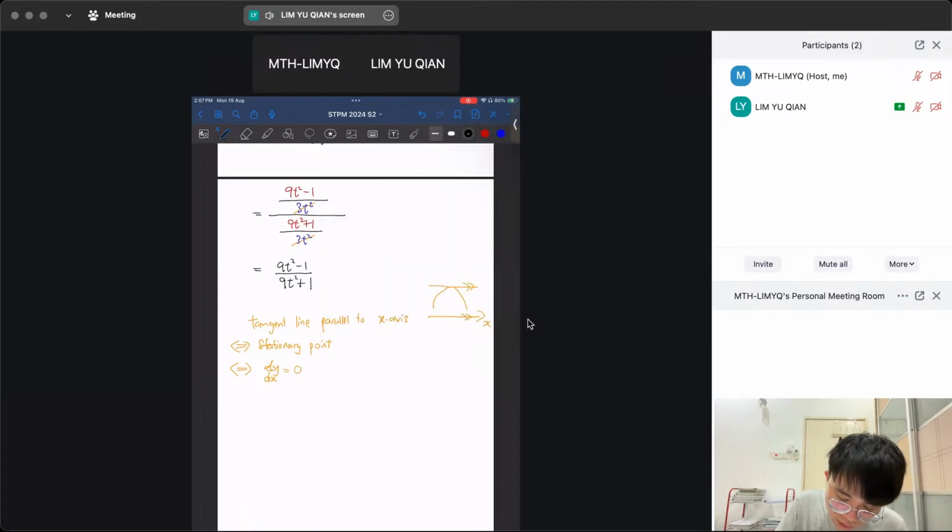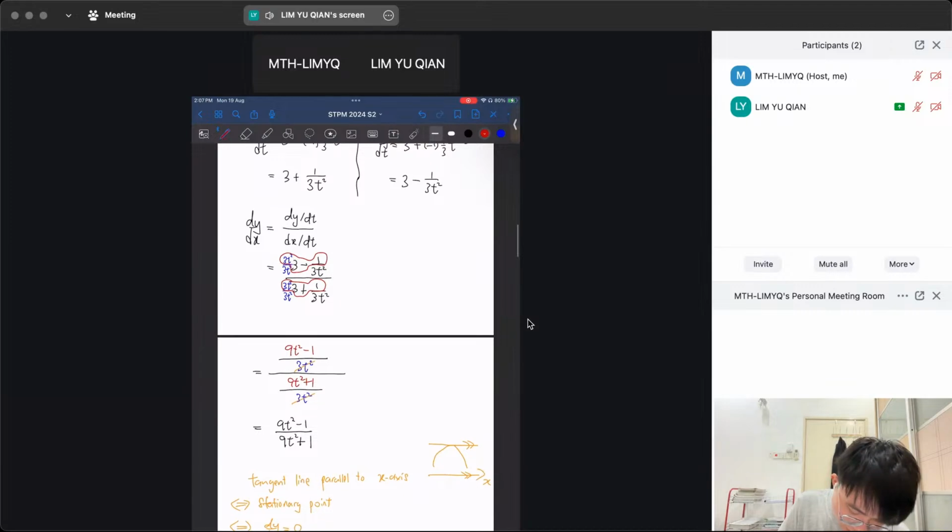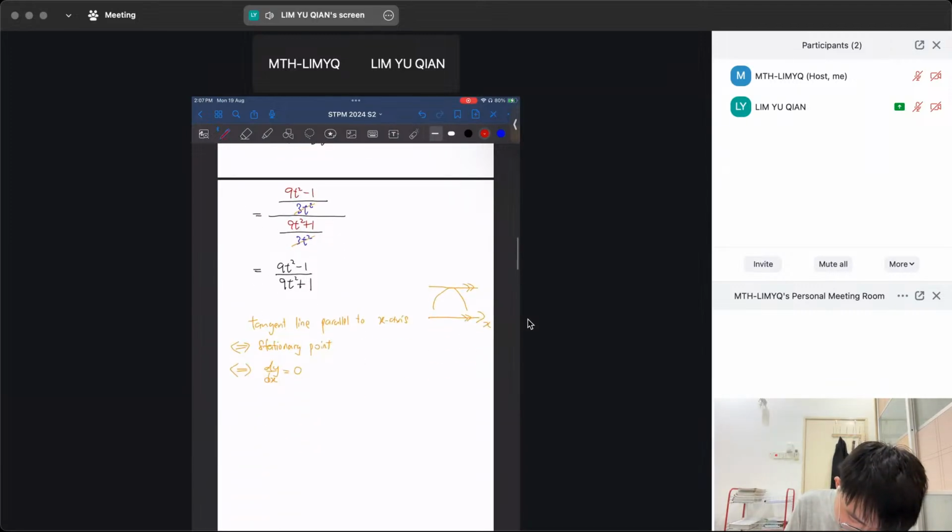Okay, so from here dy dx equal to 0. Okay, the dy dx is 9t square minus 1 over 9t square plus 1 equal to 0.